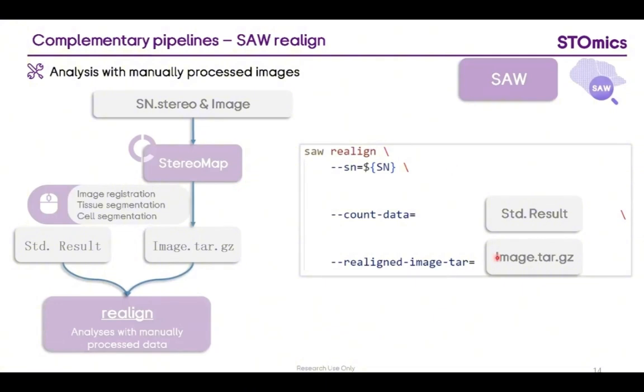As shown on the right, you need to provide the serial number of your chip, the path of the original SW count results, and the compressed image file from StereoMap that contains your manual adjustments. The SW realign pipeline will then reanalyze your data.